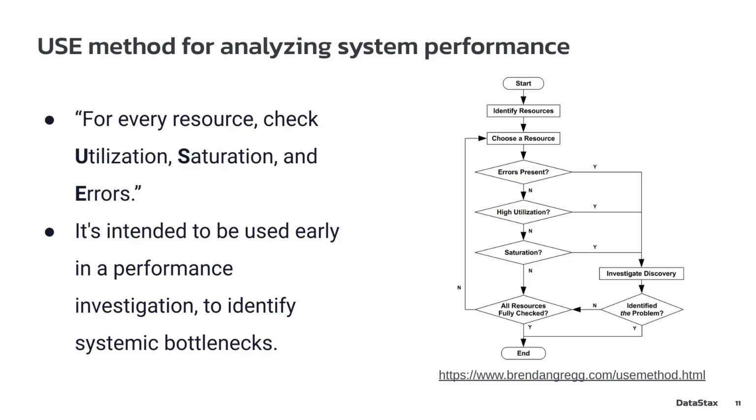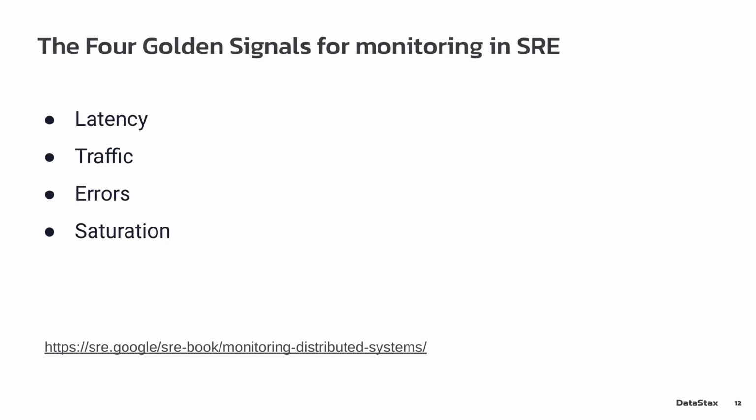It's simply defined as, for every resource, check utilization, saturation, and errors. And this is intended to be used early in a performance investigation so that you could detect these systemic bottlenecks. So it's kind of like related to this cycle, but at another level. So these methods together could be applied.